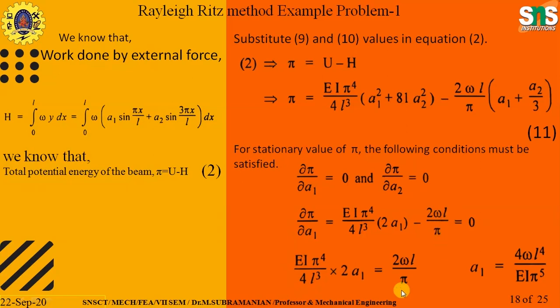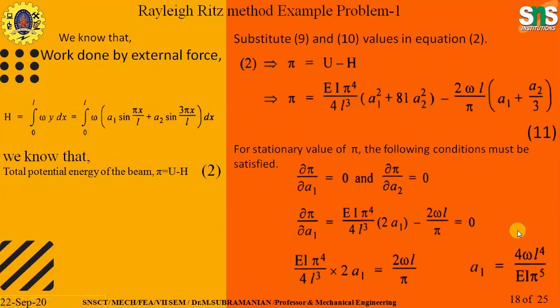Simplifying and equating, we get 2 a1 equal to W L divided by pi. From this we calculate a1: already pi is there, so a1 is 4 W L power 4 divided by pi power 5 EI. So a1 is calculated.